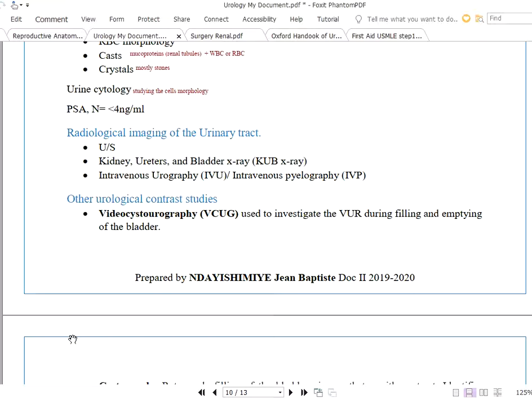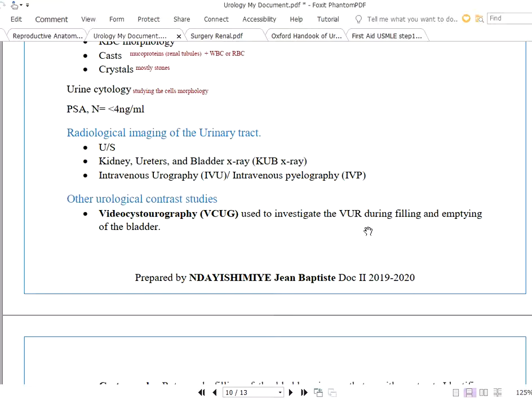There are other urological contrast studies. One is video cystourography. This is used to investigate when the patient might be having vesicoureteral reflux. With video cystourography, you look at the filling and emptying of the bladder.